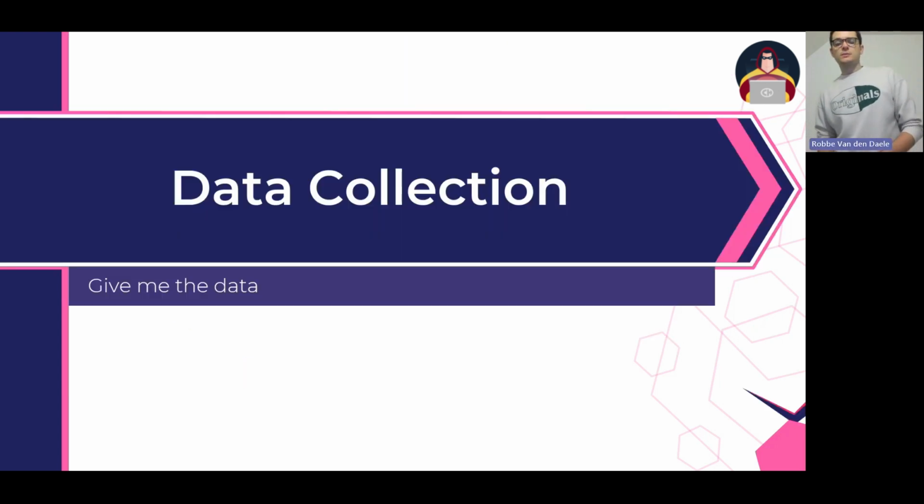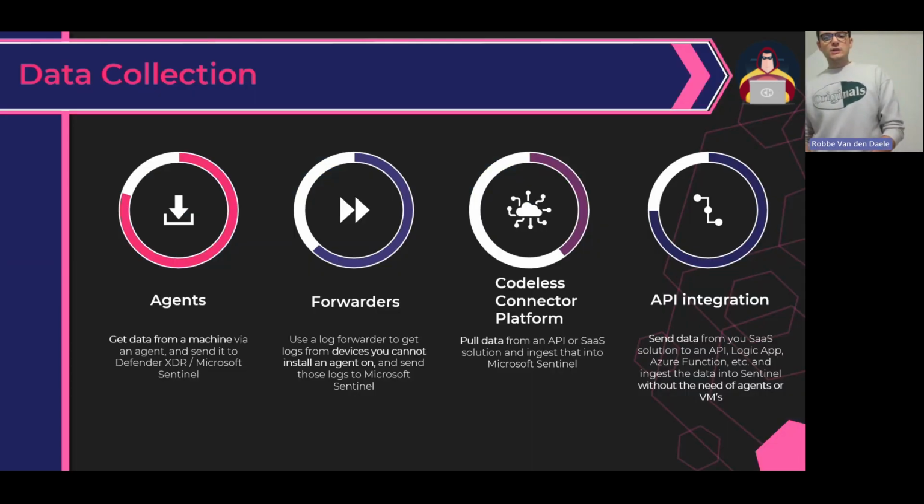Data collection. So we talked about detection engineering, adding extra data to Microsoft Sentinel, but how do you add that data to Microsoft Sentinel? So for us, there are 4 main ways of doing that. The first one is you use agents. So you install an agent on a server device and get data from that device via the agent and put it into Microsoft Sentinel.